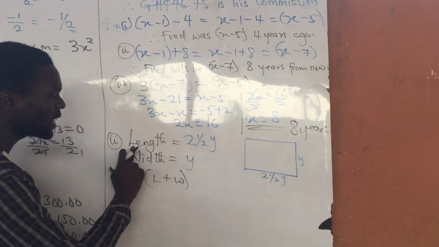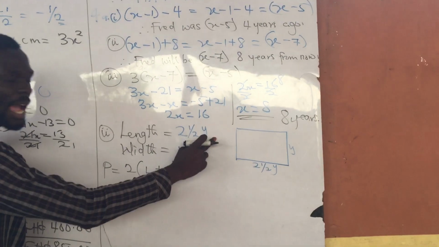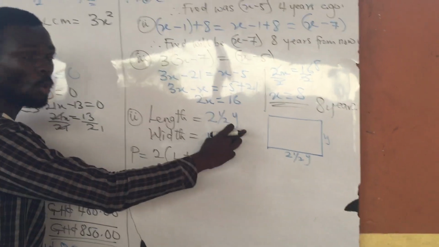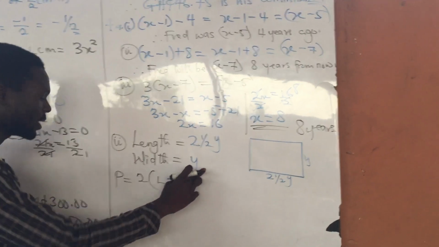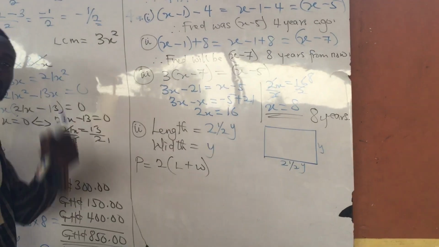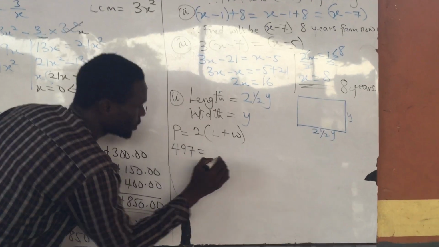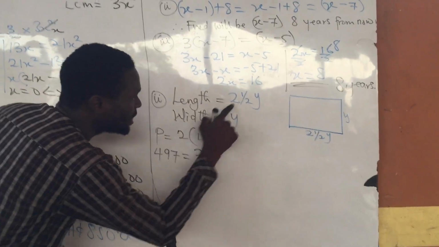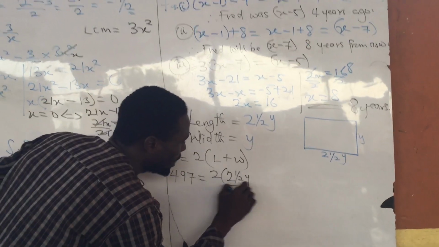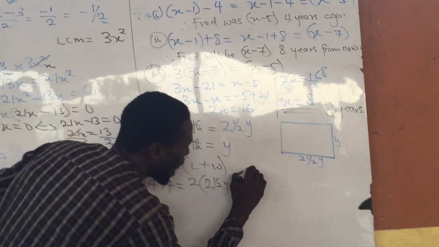So we have the length as 2.5y and the width as y. So we are going to substitute. P is 497. You have 2, length 2.5y plus width y.